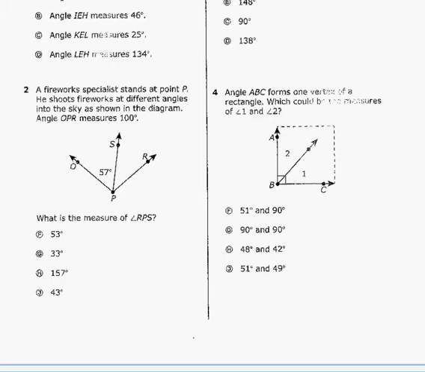Angle OPR measures 100 degrees. What is the measure of angle RPS? F, 53 degrees, G, 33 degrees, H, 157 degrees, or J, 43 degrees.